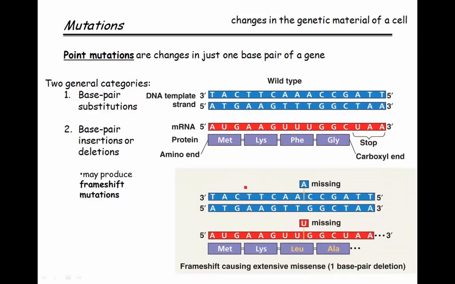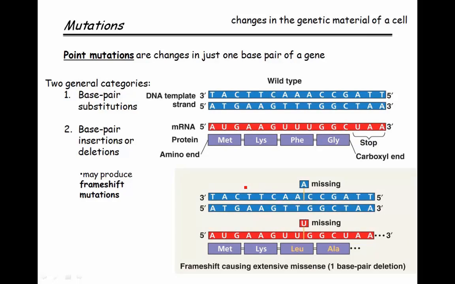nonsense. If we look at this example, this is a deletion, and when we delete 1 or 2 for that matter, we're going to shift the reading frame. And if you shift the reading frame, now you're not just changing one codon, but you're changing all of the codons that come after that.